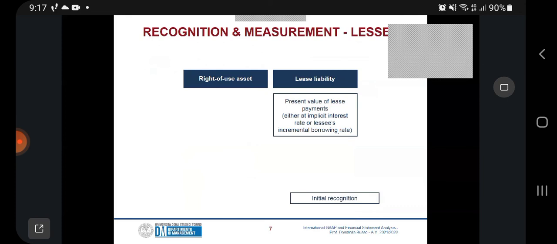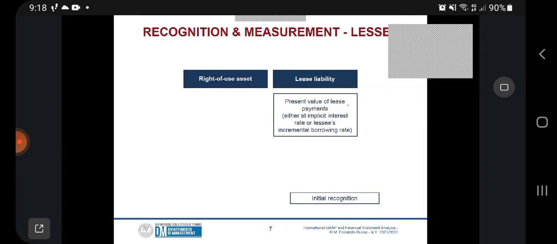So the first step, in order to apply the IFRS 16 model for the lessee, is determining the lease liability. And the initial amount of the lease liability, at initial recognition, is the present value of the future lease payments.